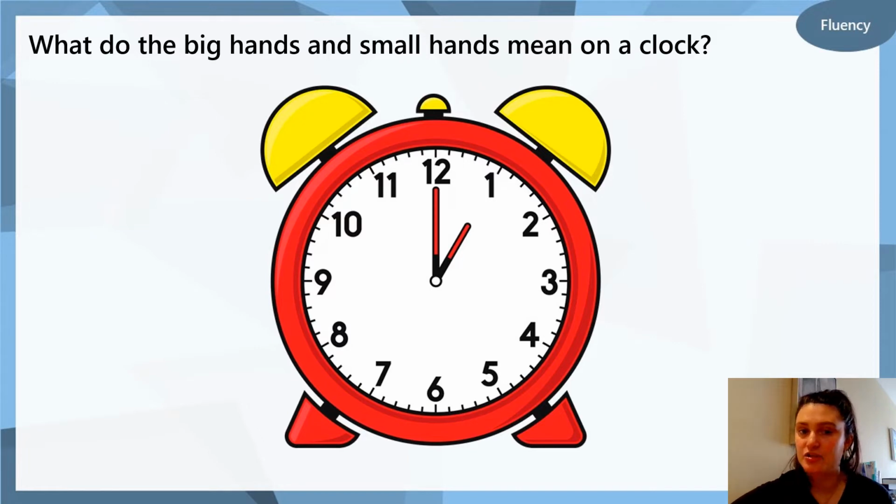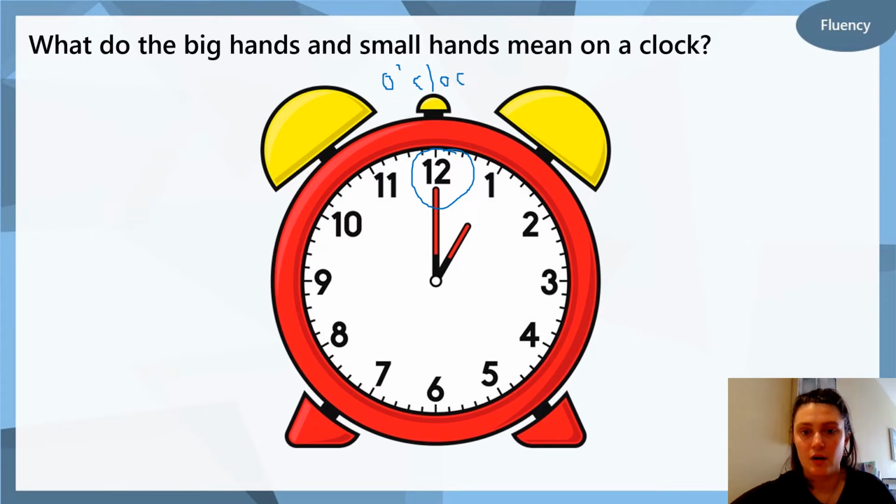The big hand shows us the minutes, and the small hand shows us the hour. Very good. So we were looking at the o'clock. When the big hand is at 12, we call it the o'clock. Very good. 12 o'clock.